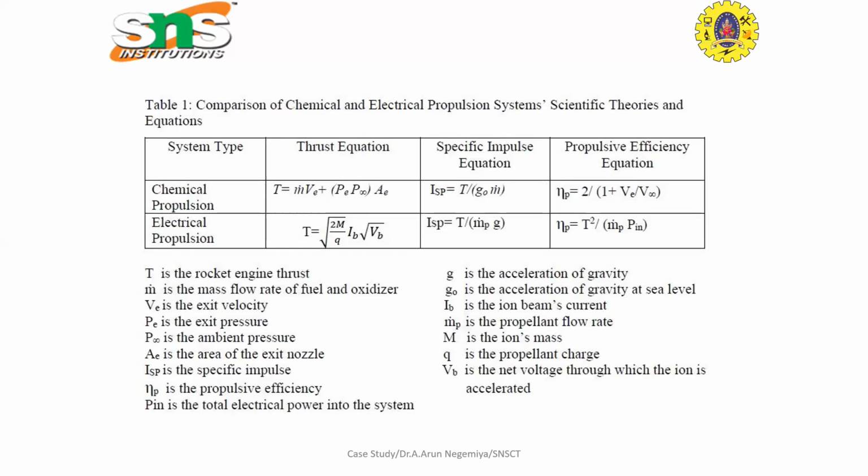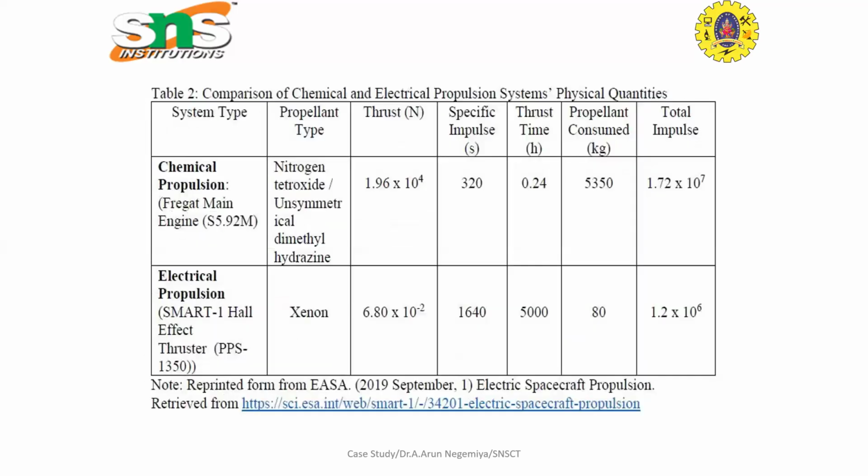For chemical propulsion, the thrust equation is m·ve + (pe − p∞)·A. Here m is mass flow, ve is exit velocity, pe is exit pressure, and p∞ is ambient pressure. Each propulsion system will vary in thrust equations, specific impulse equations and propulsive efficiency equations.